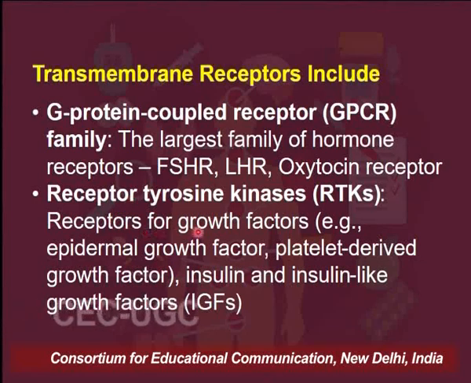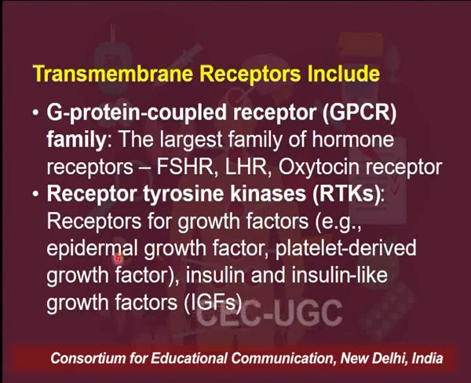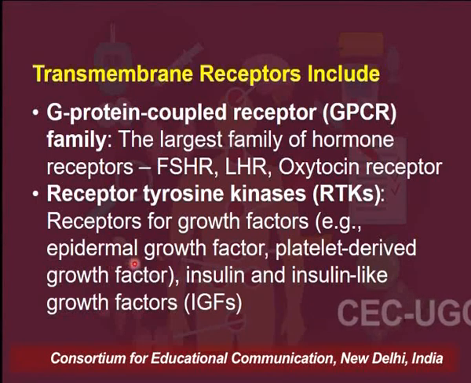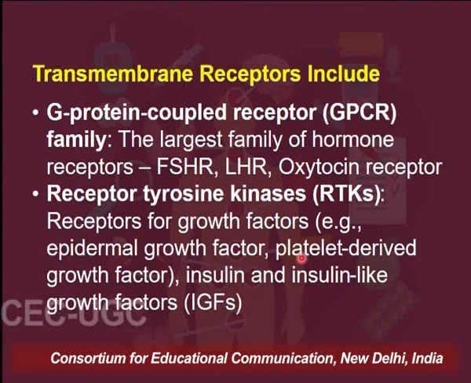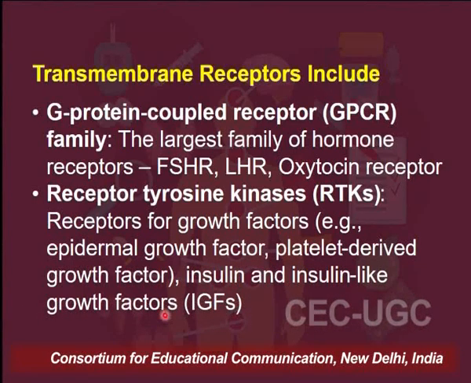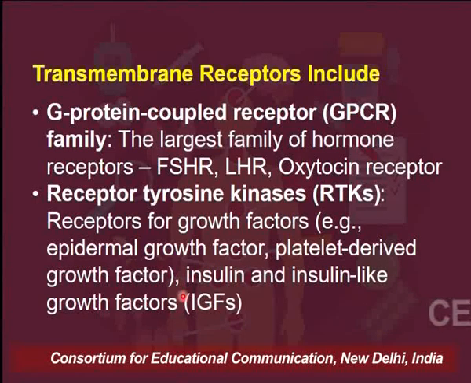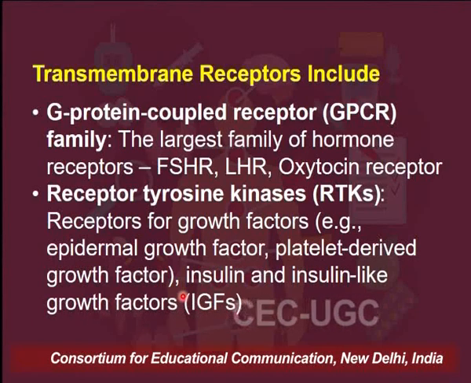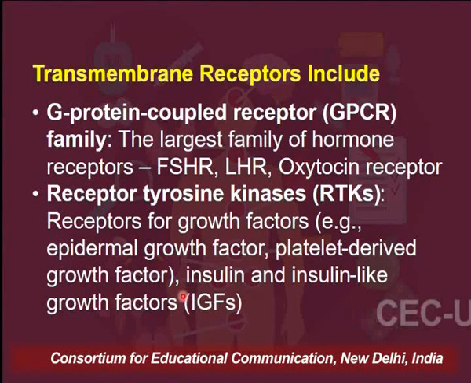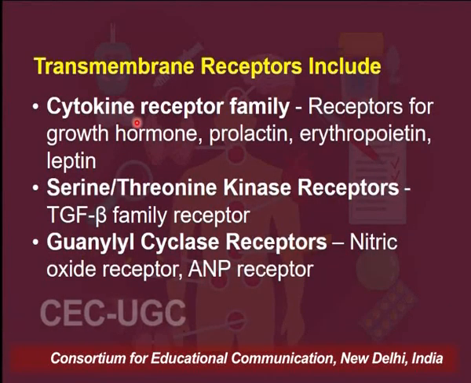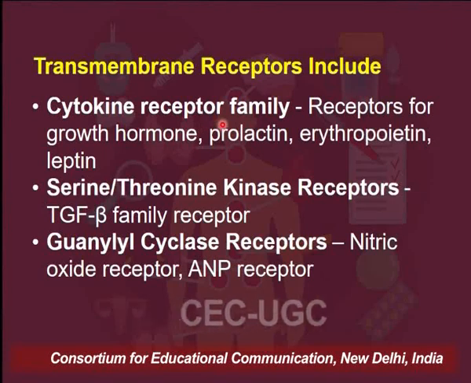So the receptors for growth factors, for example, you might have heard about epidermal growth factors. Then there are PDGF, that is platelet derived growth factors, and insulin-like growth factors. The receptors of these hormones are basically tyrosine kinase associated receptors, and hence categorized into receptor tyrosine kinases. Then there is the cytokine receptor family.